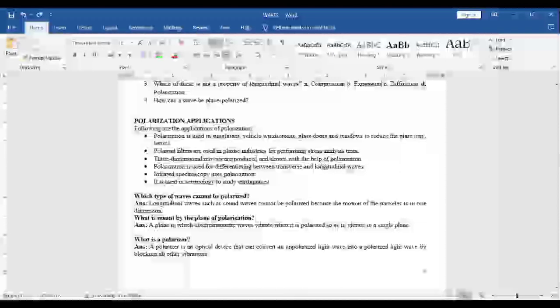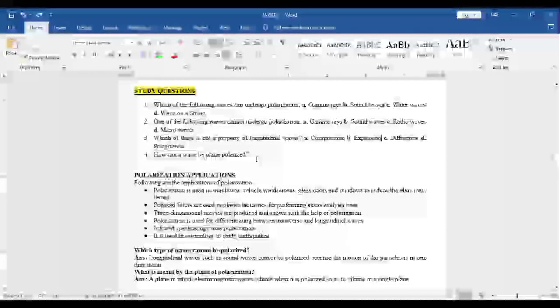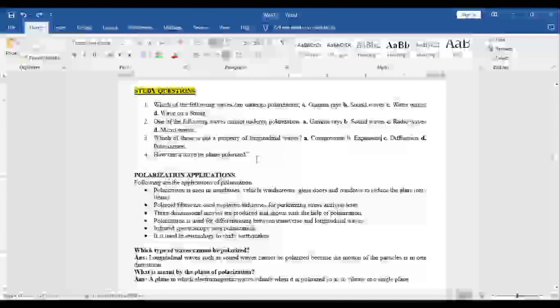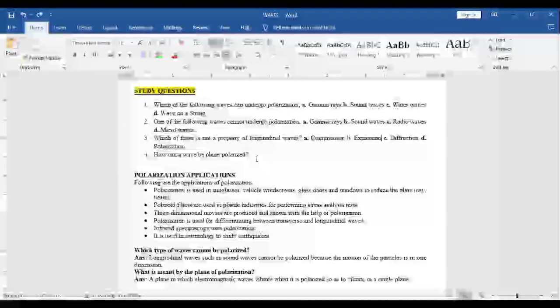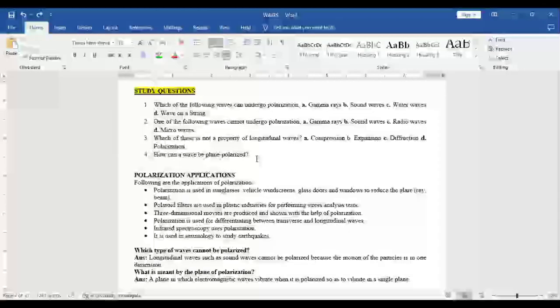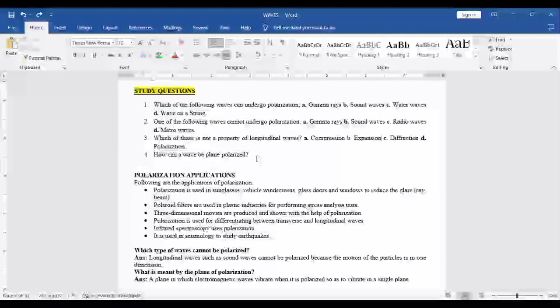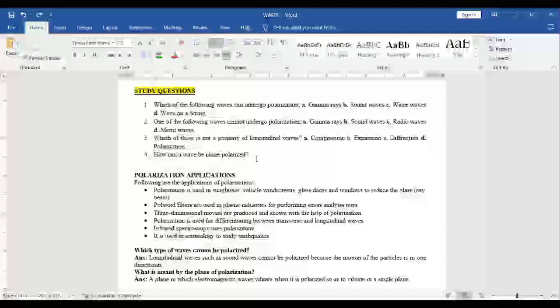A wave can be plane polarized by the use of polarizers such as tourmaline crystal or polaroids such as quartz. So a wave can be plane polarized when visible light is made to pass through polaroids such as tourmaline crystal and quartz.